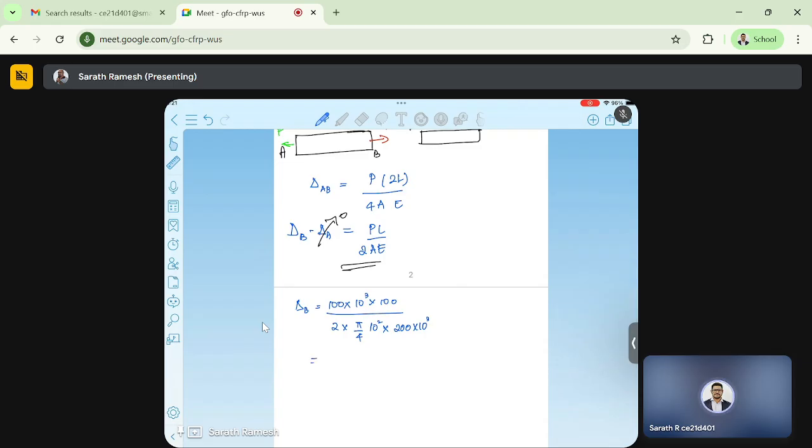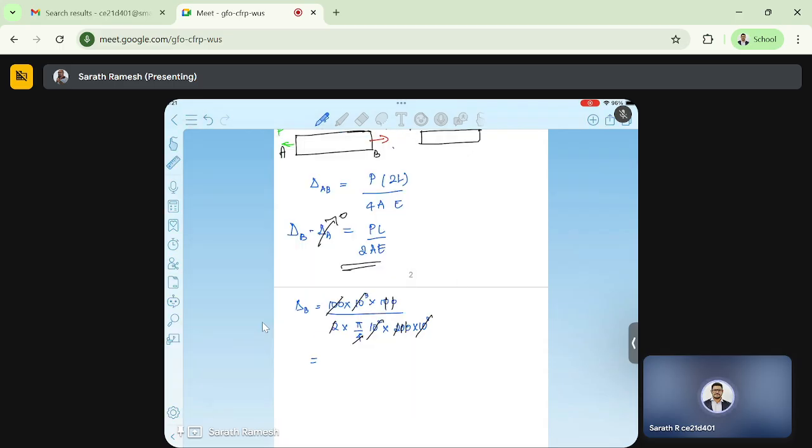So this 100 and 100 get cancelled, the 10 power 3 cancel, and 2 and 2 make 4. So it is 1 by pi left.